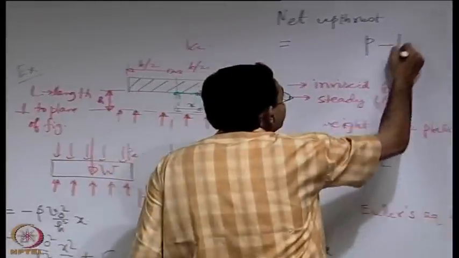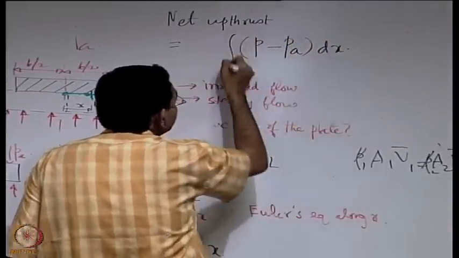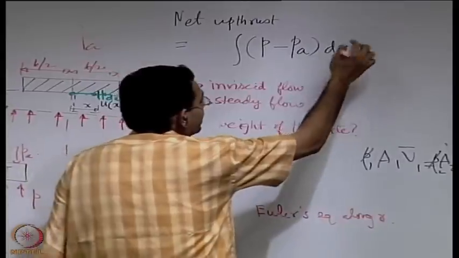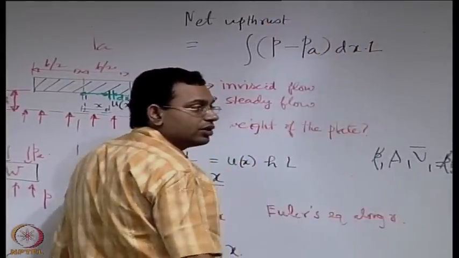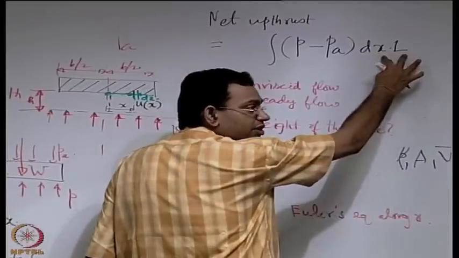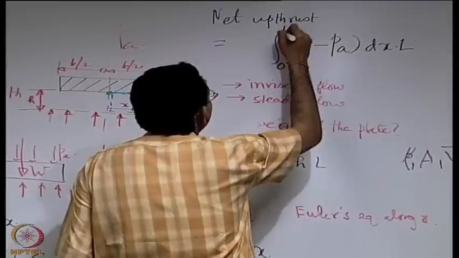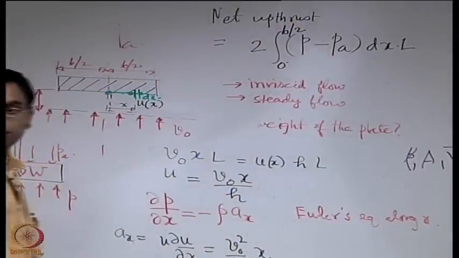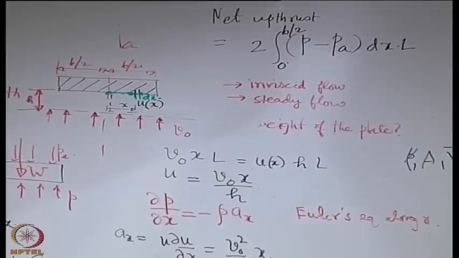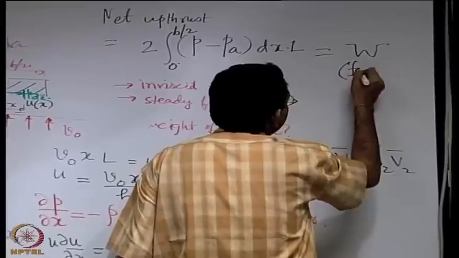So p minus p atmosphere times dx, that is the total force acting on the element of thickness dx and length perpendicular to the plane of the figure, L. So that is the area on which it is acting. 0 to b by 2 is half of that, 2 into that is the total force, right. So this must be equal to the weight for equilibrium.